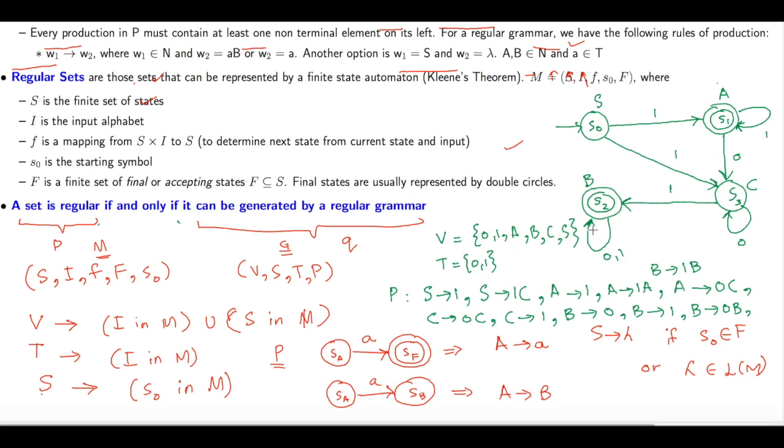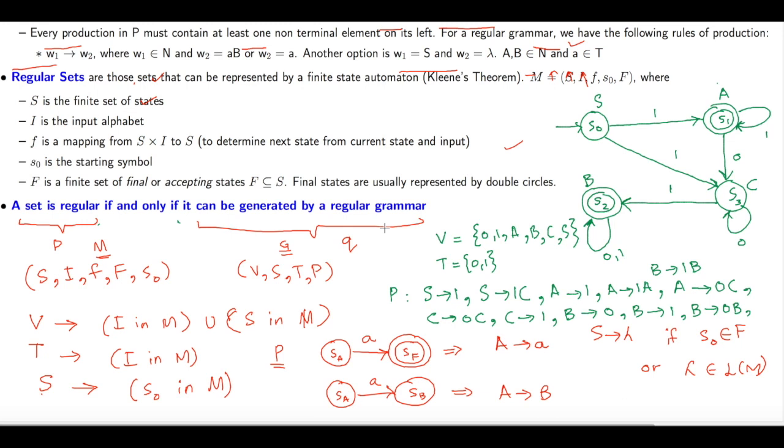So, as a recap, what we did was prove that a set is regular if and only if it can be generated by a regular grammar. We did the part where we took a regular grammar and devised a way to generate a non-deterministic finite state automaton using some rules from the productions of that regular grammar.